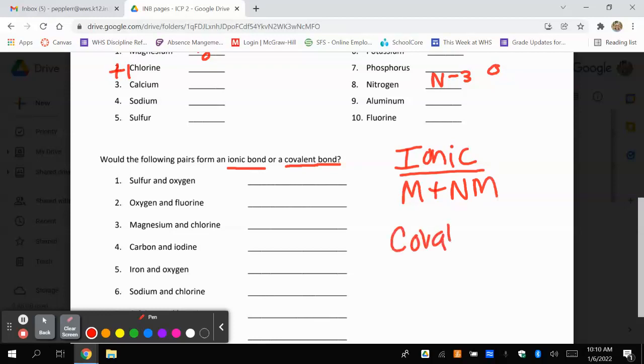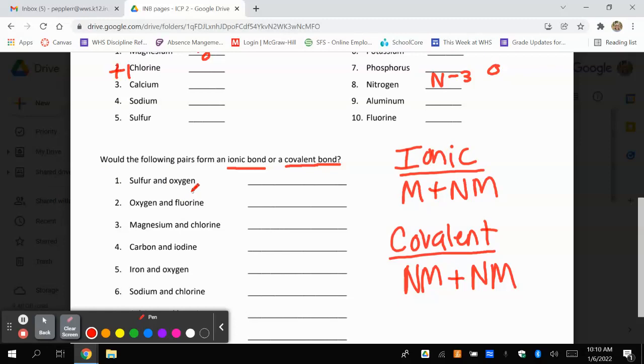Covalent bonds form between 2 non-metals, so it's a non-metal plus a non-metal. That is the key thing in determining if a bond is ionic or covalent. We'll start with this first one and do it together.